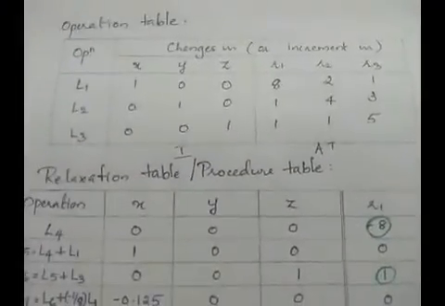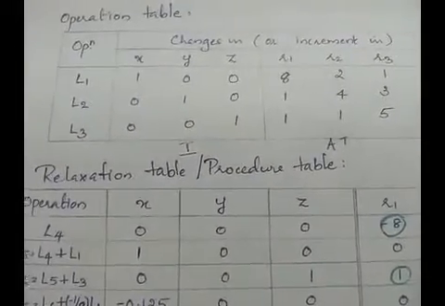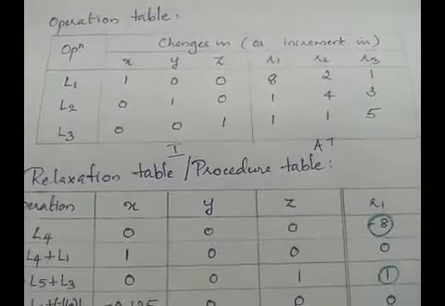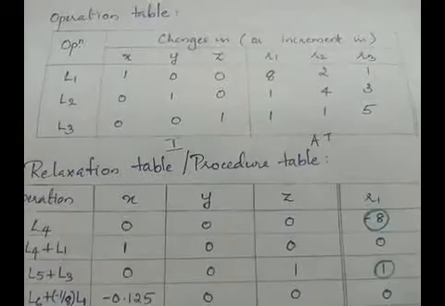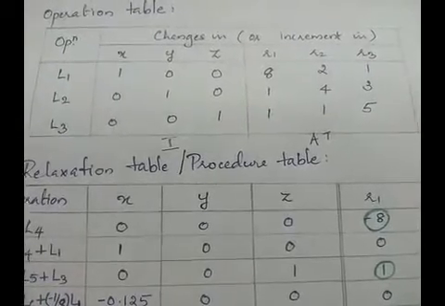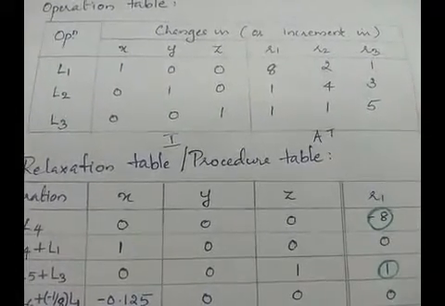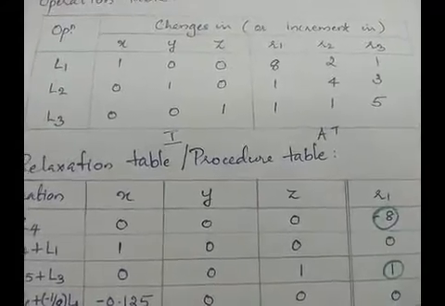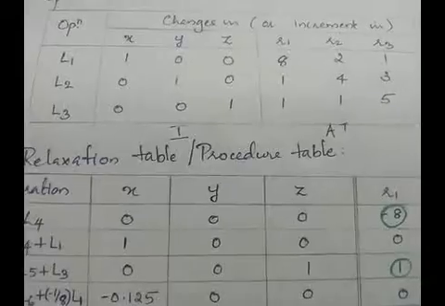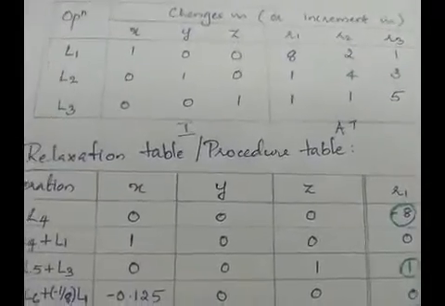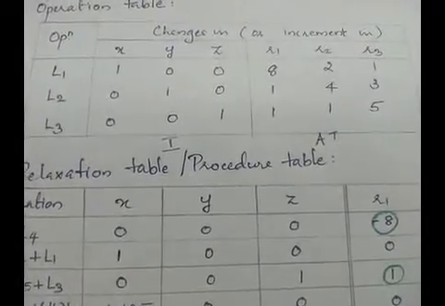And in the XYZ portion, what we have to write is the change which we have made in XYZ. So by choosing the operation L1, it is clear that we have used 1 unit of x, keeping y and z as constant. Only then we can choose 8 from R1. So in the XYZ portion, just write the change.